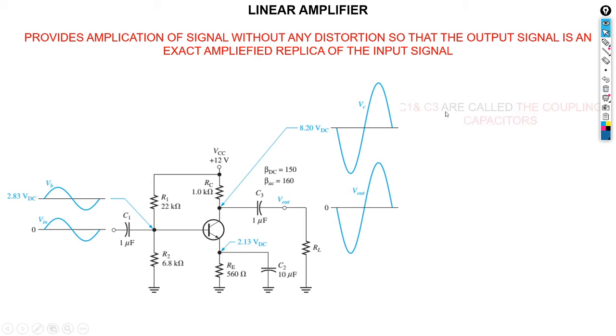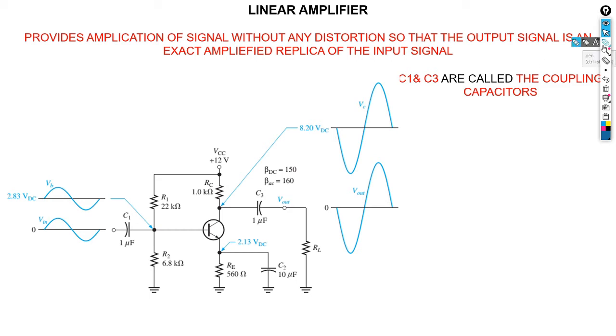First of all, let's have a look. What is the purpose of these three capacitors? A capacitor, when it's in DC, behaves like an open switch. When this DC current comes across the capacitor, the capacitor will behave like an open switch.